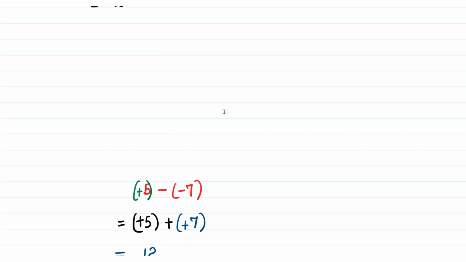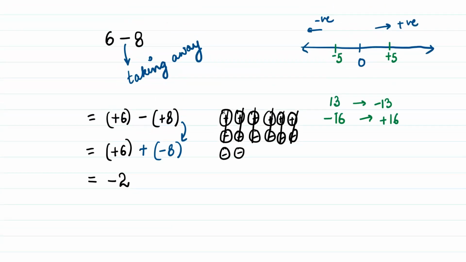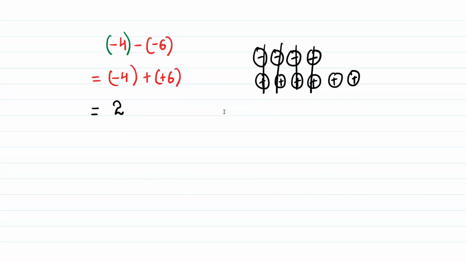Okay, so these are the cases of subtraction. These are the 4 cases which you have to practice. So I'll give you a challenge. You can watch this entire video and solve these problems. The first one is negative 11 minus 2.